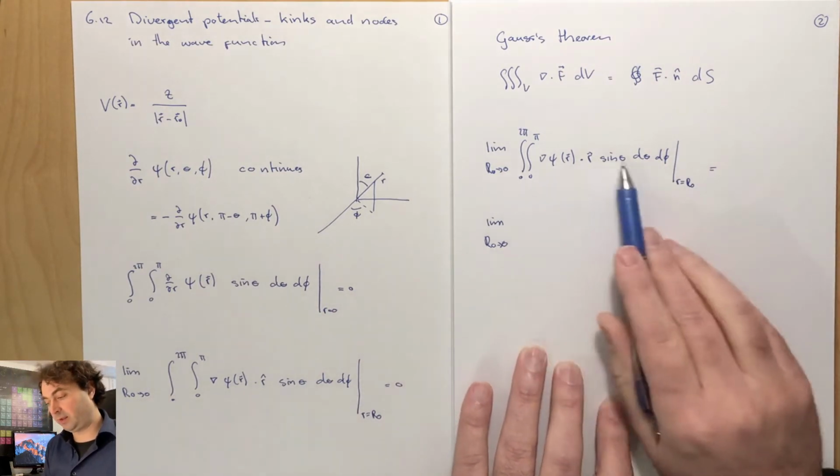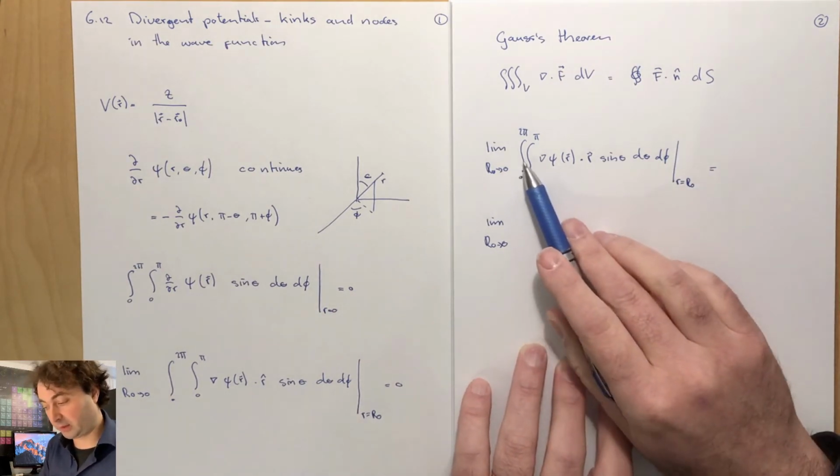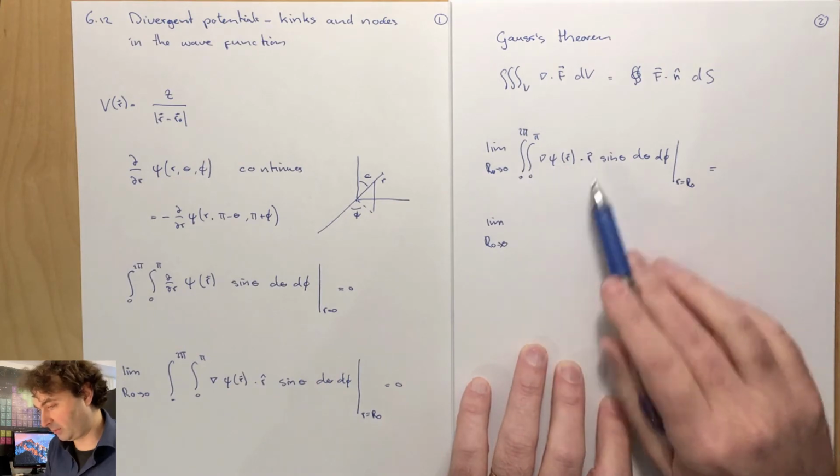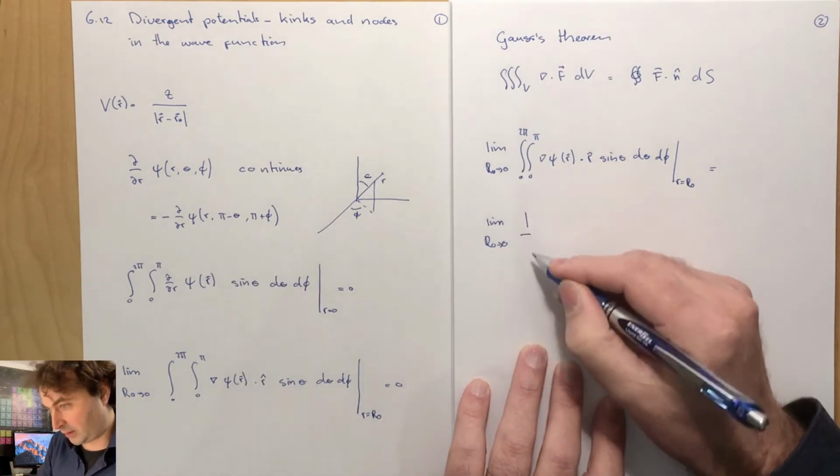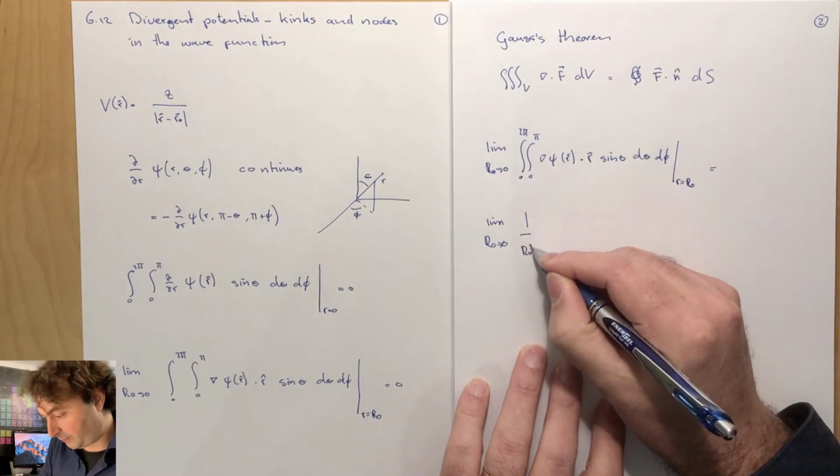Now when we take a surface integral, we have to realize that the surface element r squared should enter. So let's put that on the other side.